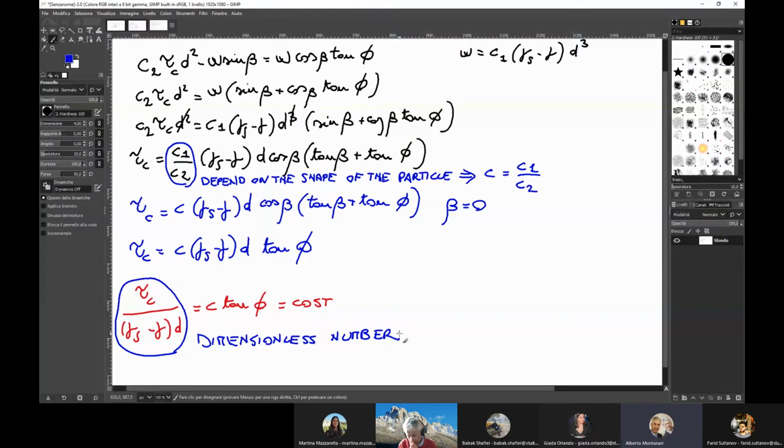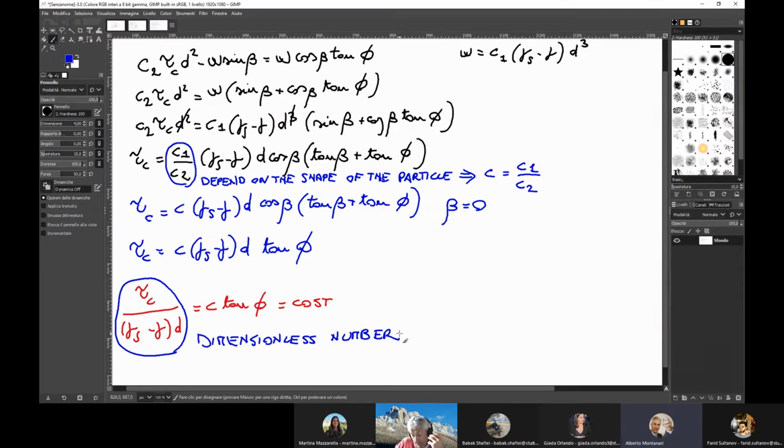What is this number? This number is a characteristic of the critical shear stress and the unit, which means that this number, which is a constant, gives critical conditions for a unit of given size depending on the shear stress.